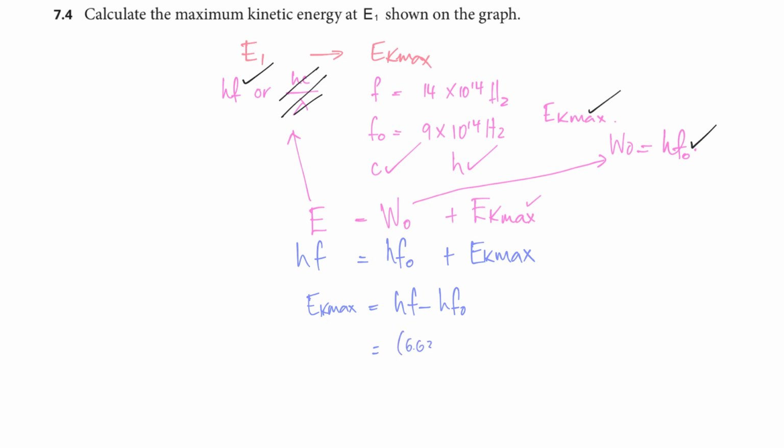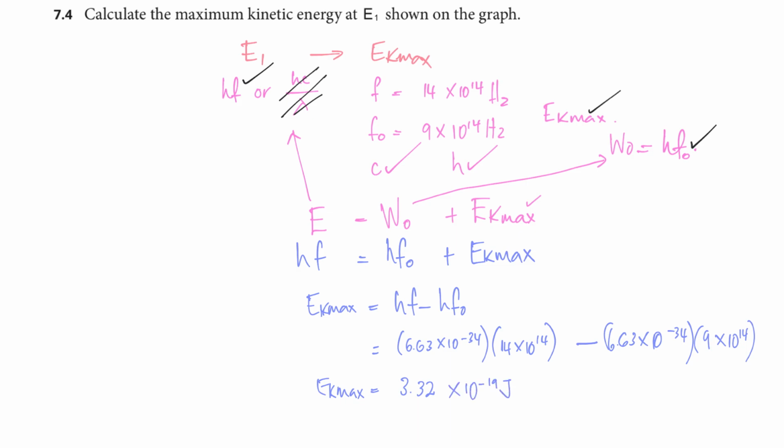I've got 6.63 times 10 to the power of negative 34 multiplied by my frequency of 14 times 10 to the power of 14, minus 6.63 times 10 to the power of negative 34, all of that multiplied by 9 times 10 to the power of 14. I just put that into my calculator, and I get for EK max, 3.32 times 10 to the power of negative 19 joules.